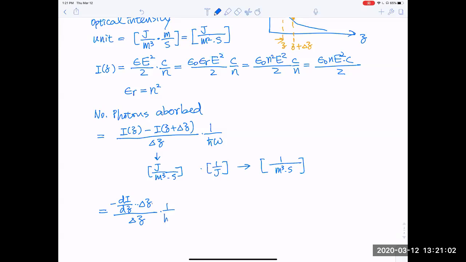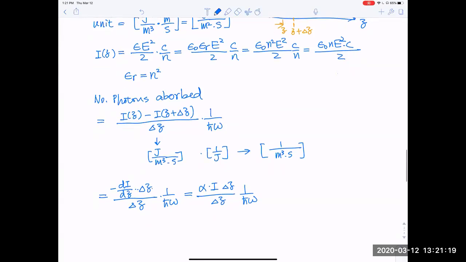Second term still here. And this is basically, the first term is really alpha I of z, an exponential dependence, times delta z divided by delta z, and 1 over h bar omega. Okay, so delta z cancels out.